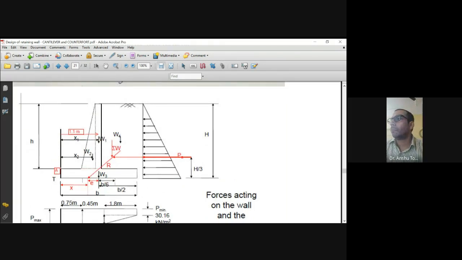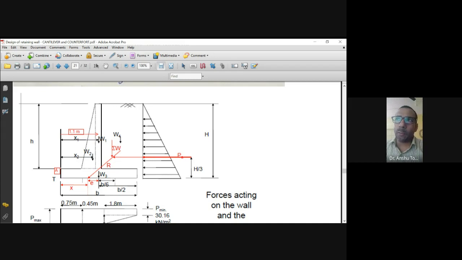This is the same method as you have done in gravity retaining wall in DCS1. There is nothing new in this. The only thing is that we are taking moment from this point. W1, which is a unit weight 25 kilonewton per meter cube, the unit weight of RCC, into the height and the thickness.